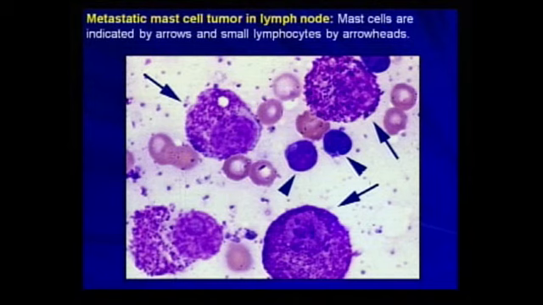Just the presence of mast cells doesn't mean that you're dealing with a mast cell tumor. Mast cells line vessels throughout the body, and they line vessels in lymph nodes as well. If you are seeing 3 or 4 or more clusters, especially in the presence of eosinophils, then the likelihood of mast cell metastasis goes up significantly.